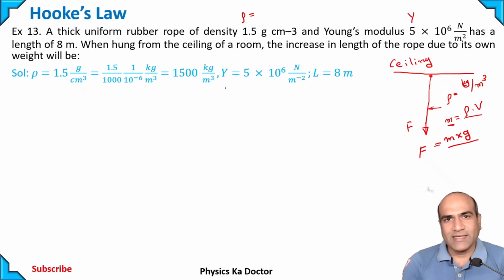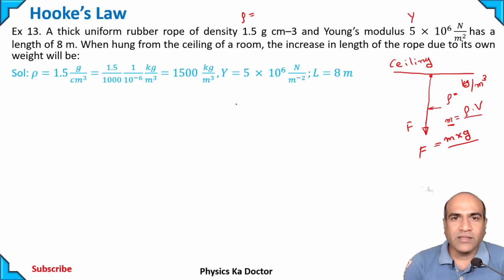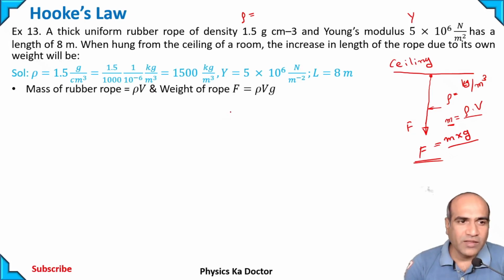Now what next? See, we need to find here the force, which is because of its self weight. So we know that mass of the rubber is equal to, as I mentioned earlier, density multiplied by volume. If you want to find mass of any body, always it is density multiplied by volume. You have to use this many times.